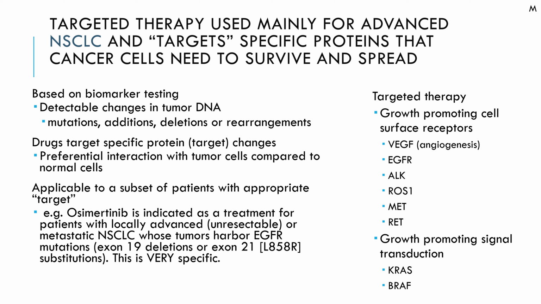Drugs are used to target specific protein changes, and the protein that you're going after is the target. There's a preferential interaction with tumor cells compared to normal cells. So we're looking at drugs that have some activity level in the tumor cells more so than normal cells.